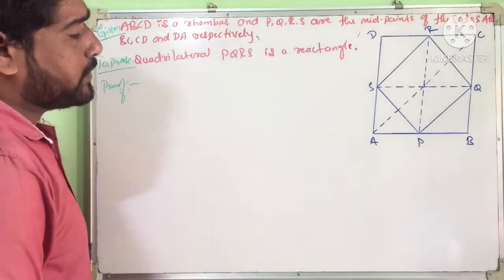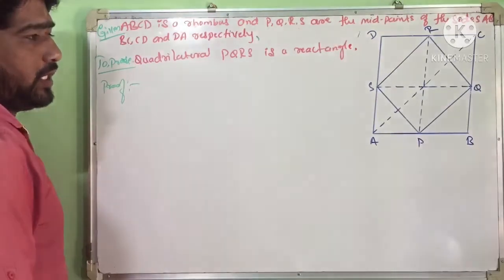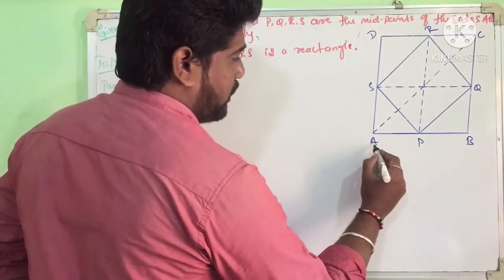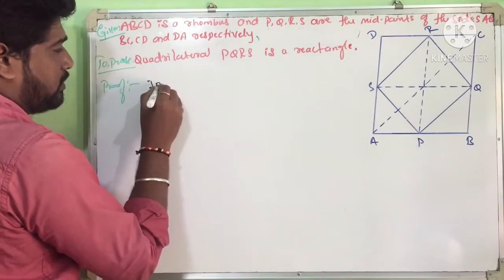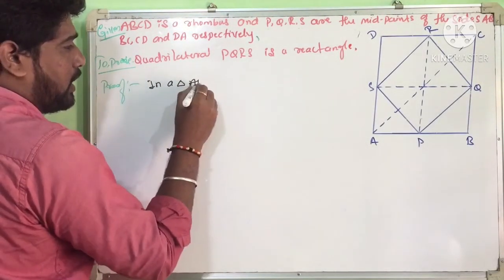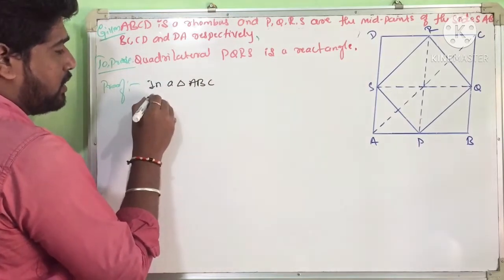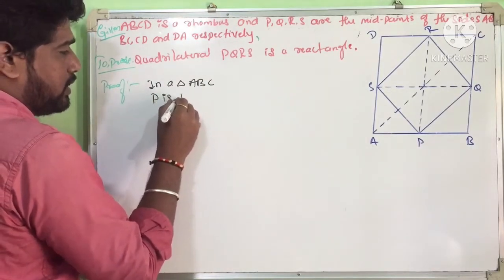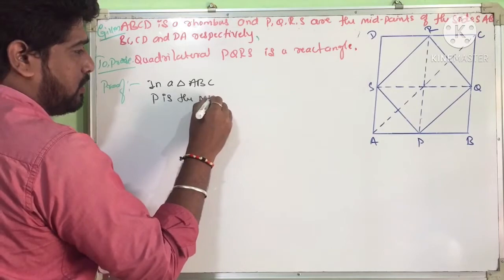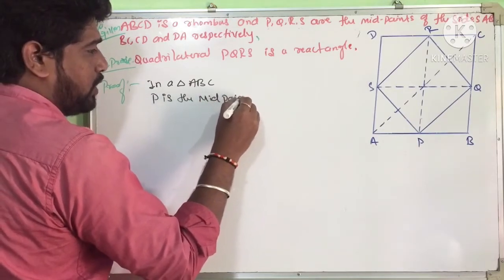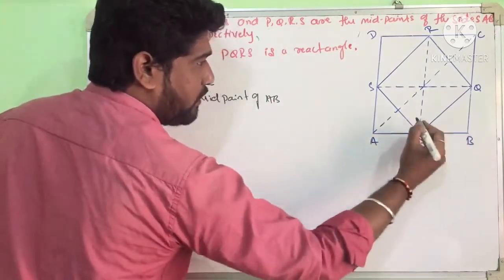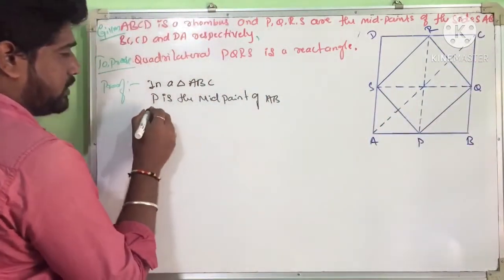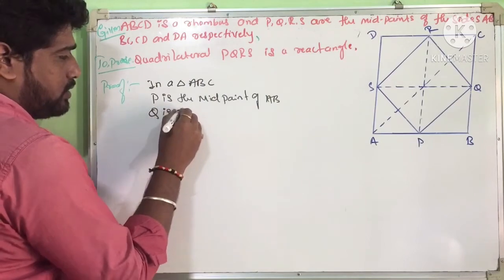So proof here. Already we know the midpoint theorem, right? On the basis of the midpoint theorem, in a triangle ABC, P is the midpoint of AB, Q is the midpoint of BC.